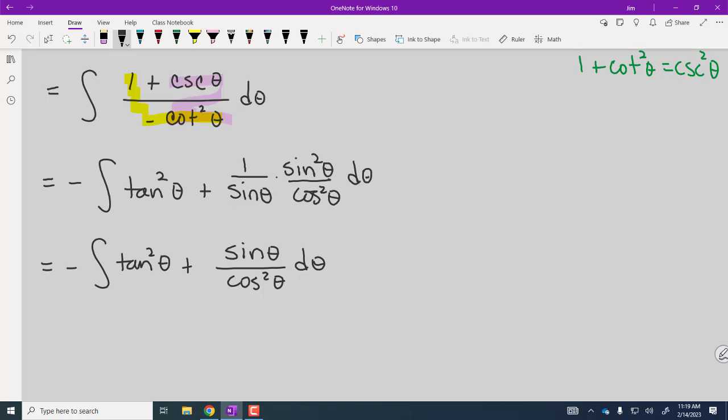Well, if we have just sines and cosines, if we let u be cosine, then du is the numerator. The derivative of cosine is minus sine, and that's going to give us the numerator. So we'll have like a 1 over u squared situation. All right. Tangent squared. Do we have an antiderivative for tangent squared?